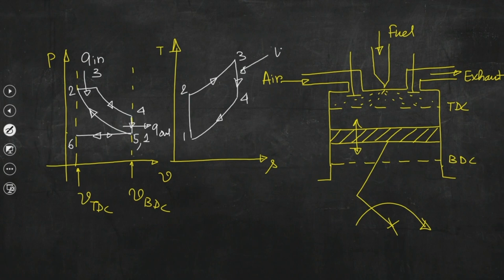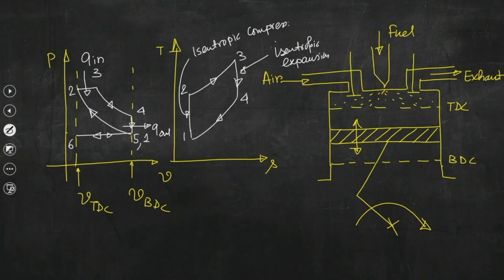So, this is isentropic expansion, and this process isentropic compression. Okay. So, now we can just go for the calculation of pressure and temperature at the beginning and at the end of each process, and from there we can quantify.